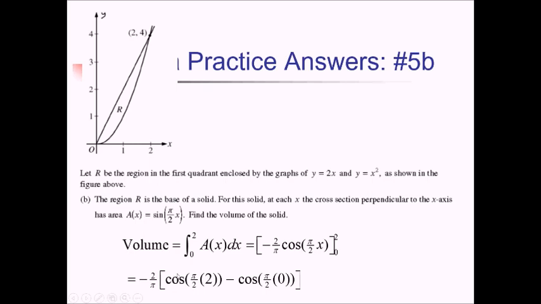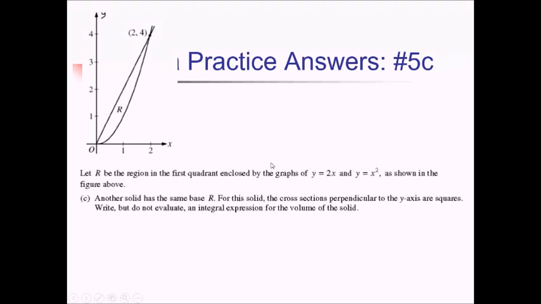So this is really cosine of just pi, which is negative 1. So we have a negative 2 over pi out there. We have a negative 1 inside. And this is cosine of 0, which is just 1. But we're subtracting that, so we're doing minus 1 again. So this is really negative 2 times negative 2 over pi. That's going to be positive 4 over pi when all is said and done.